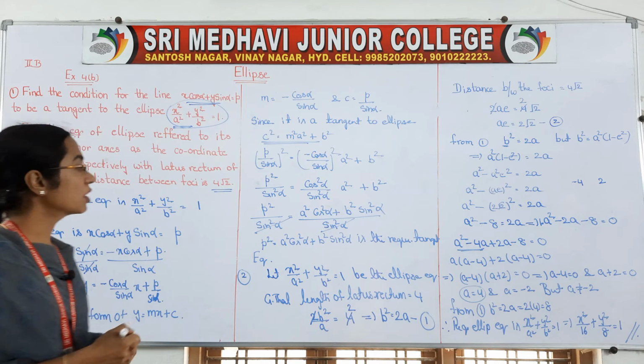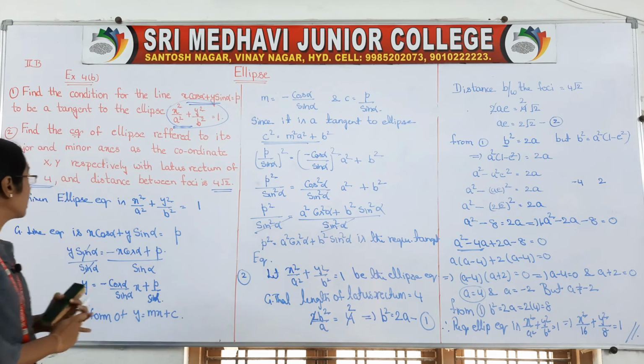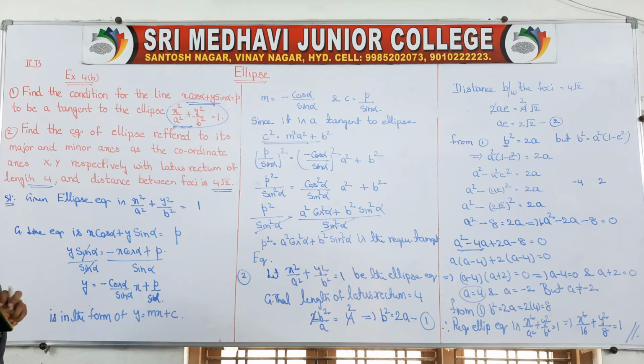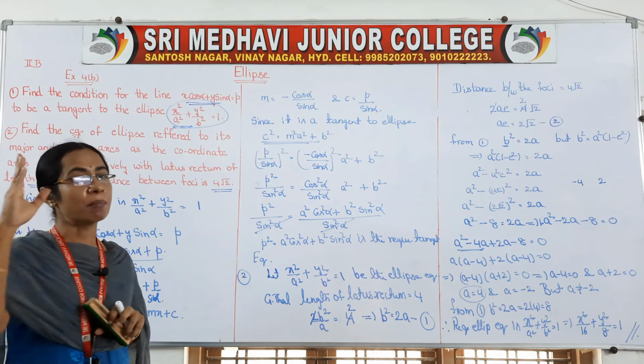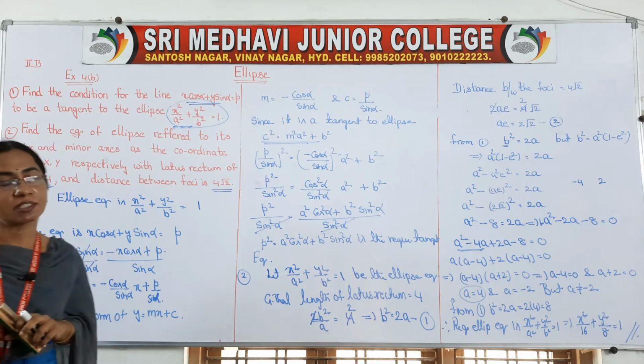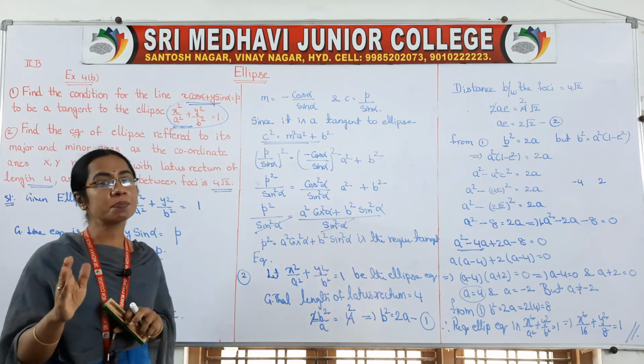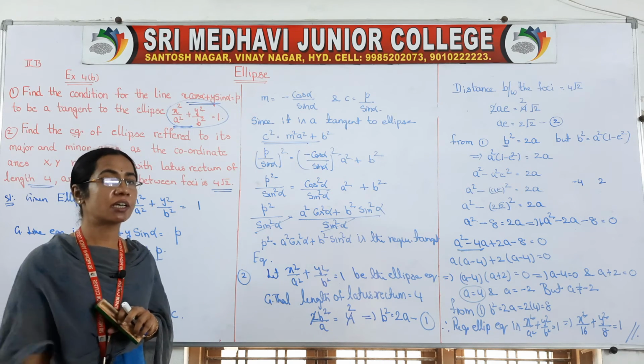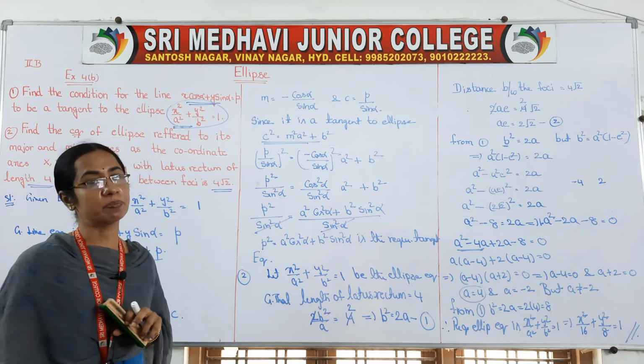So observe carefully, in the second question it is given to find the equation of the ellipse with its major axis as x axis and minor axis as y axis, which means we have to find the standard ellipse equation. Here two conditions are given to us to get our ellipse equation.